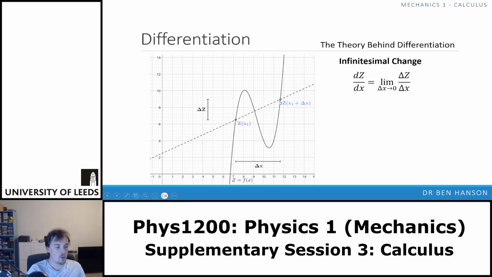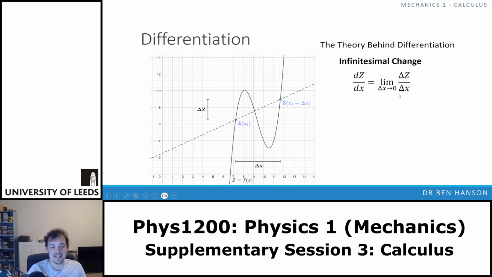As delta x gets smaller, we're going to move along the graph z of x, and that delta z is going to change as we do this. And the limit as delta x tends to 0 is what this line looks like as that point comes on top of that point. That's what the limit is.